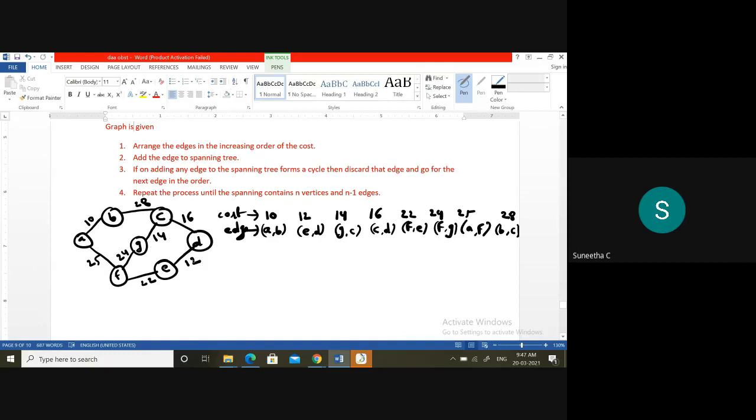First, what is the first edge in the order? The first edge is AB. So first add AB to the spanning tree. AB. What is the cost? 10.